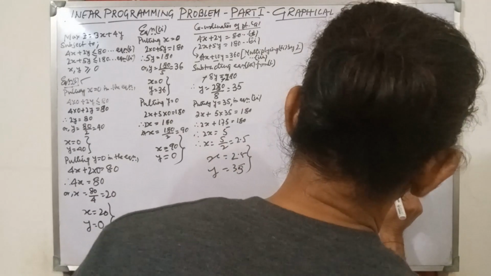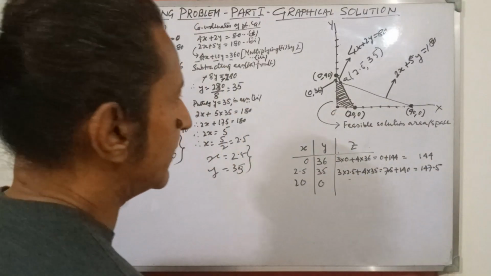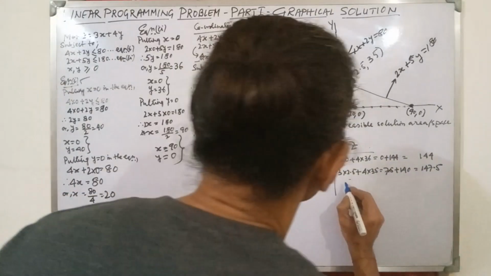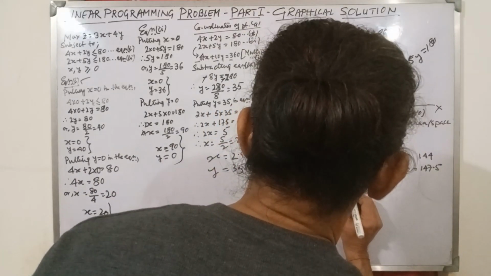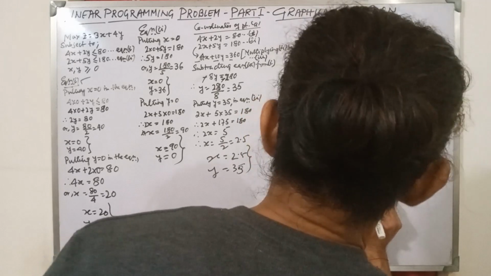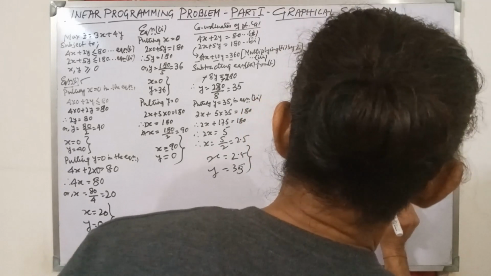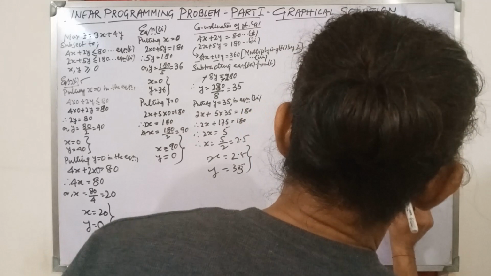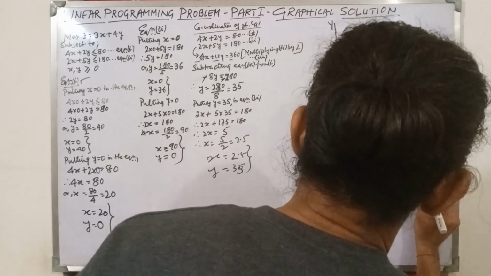And the value of z here is 3 into 20 plus 4 into 0 equals to 60 plus 0 equals to 60.